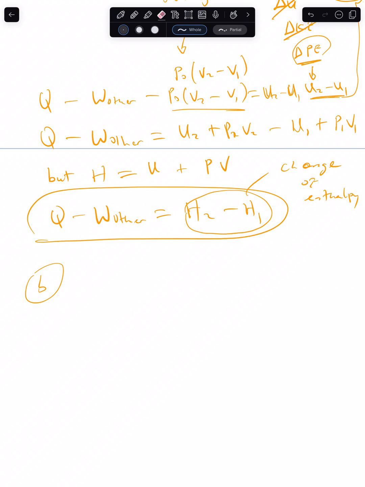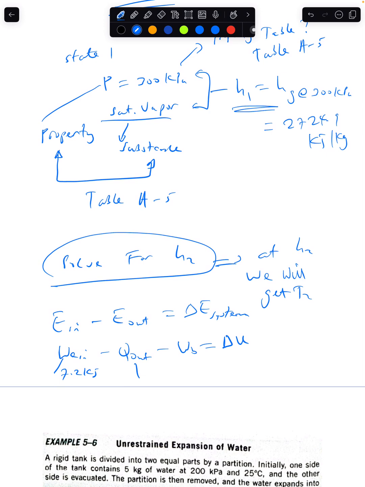And I already have this as what? 7.2 kilojoules, and this is 3.7 kilojoules. And I have this, and this.